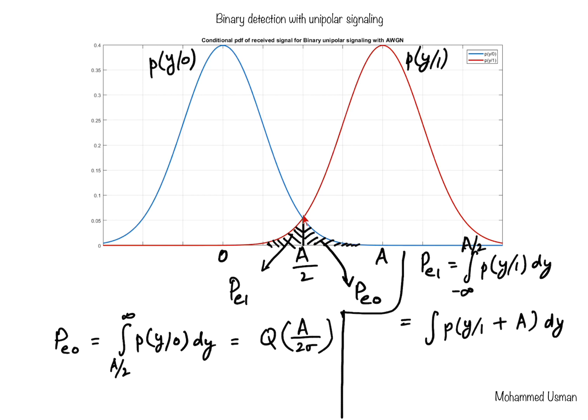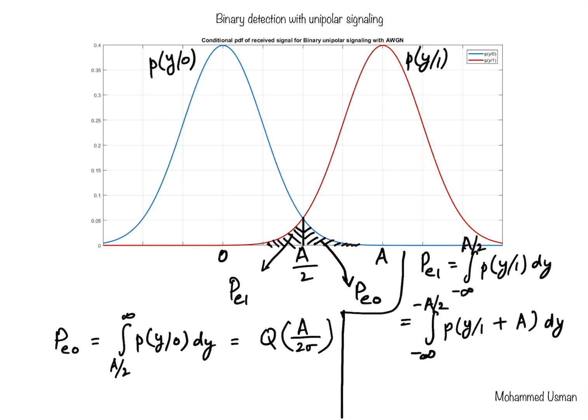Since we have shifted the PDF to the left, this threshold will also get shifted to the left by a. So it will now come to minus a by 2. And minus infinity shifted further to the left remains minus infinity. And a by 2, when we shift it to the left by a, will become minus a by 2.